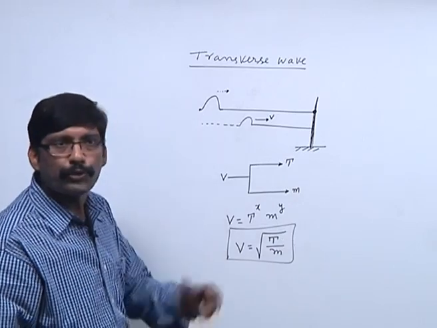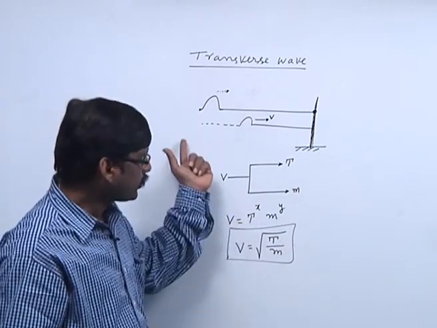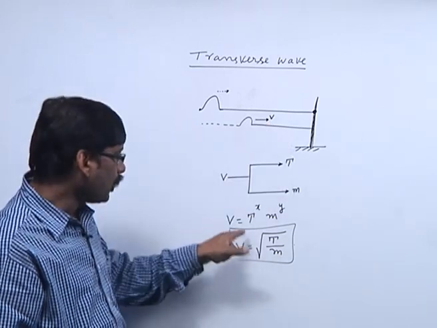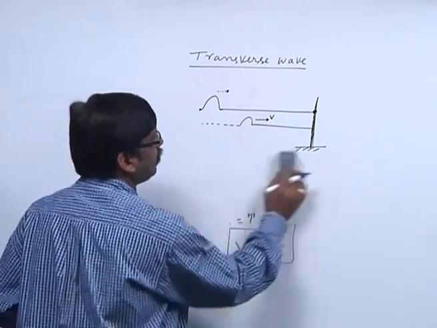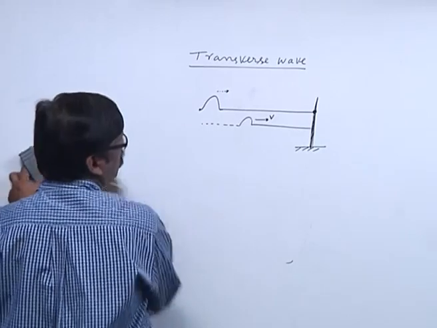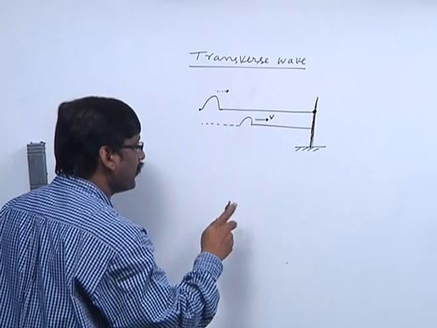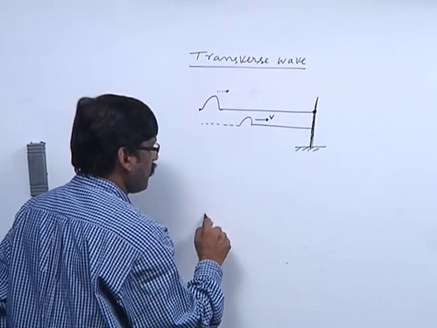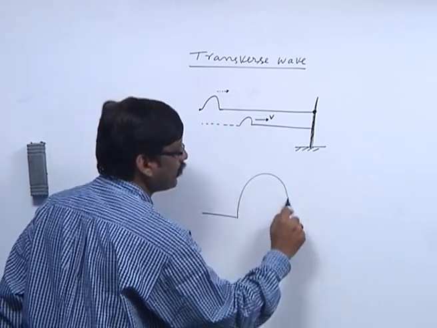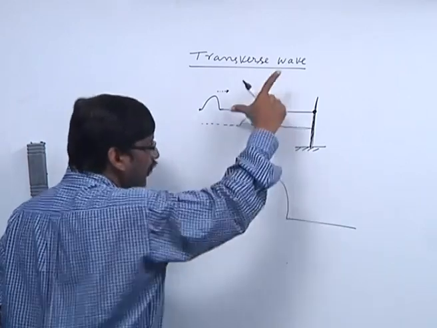Or by using the knowledge of circular motion, you can also derive the formula like this. Let us take a small part of this pulse, just amplify it.